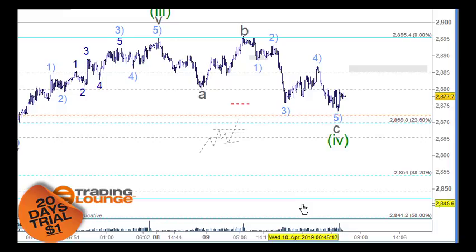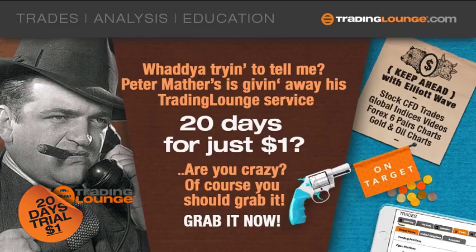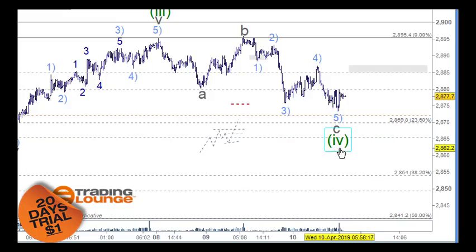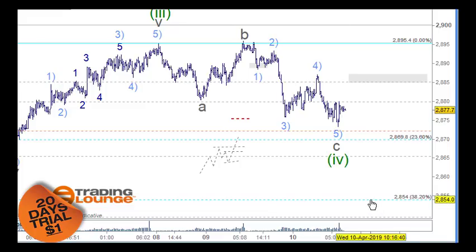But as it stands, this is quite a nice A, B and C correction. Being a wave 4, it could get bigger and uglier, but it seems pretty straightforward at this stage. So we'll be short below this level here, and we can be long on this level here.